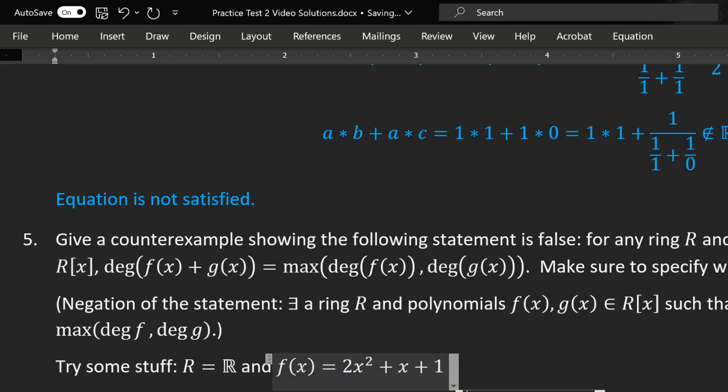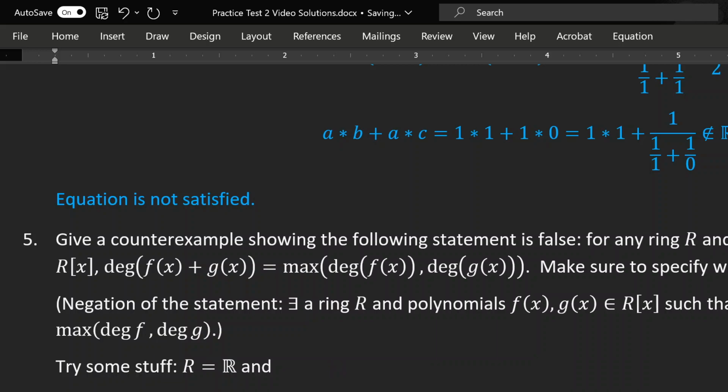Let me check the degrees separately. f would have degree 2 here, g would have degree 1, and the degree of f plus g would be 2.